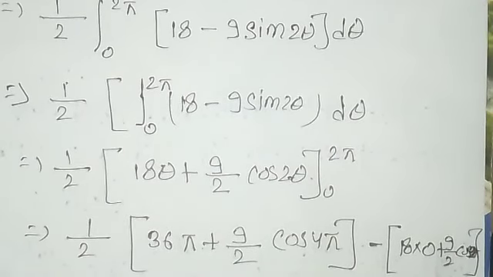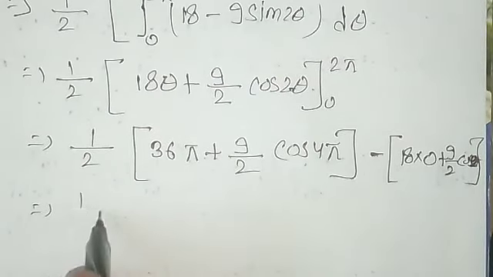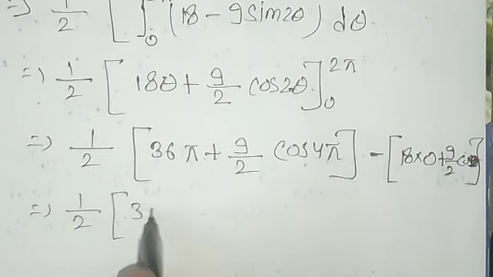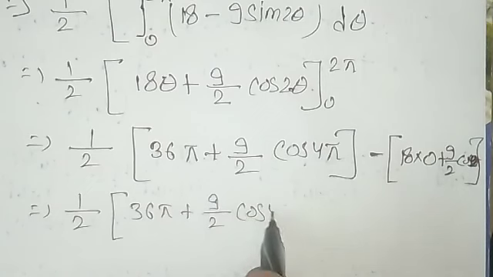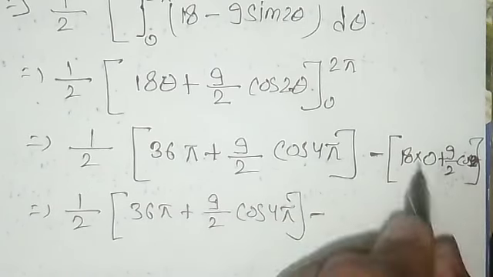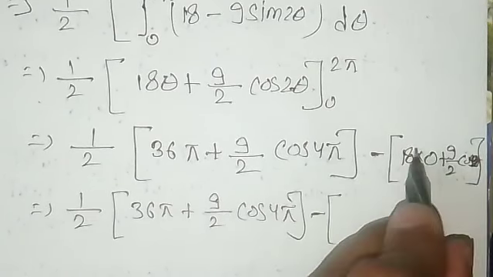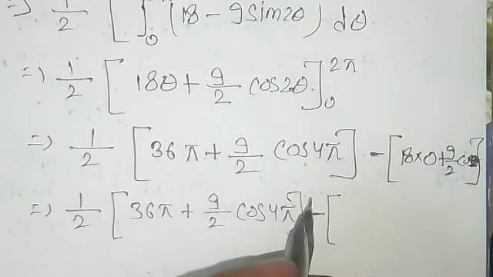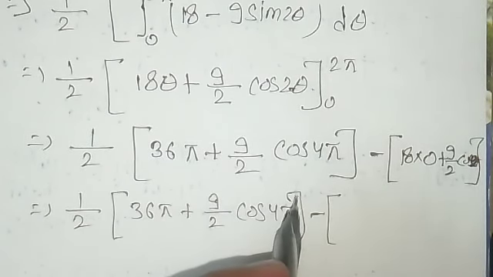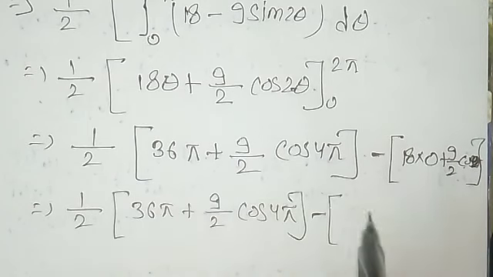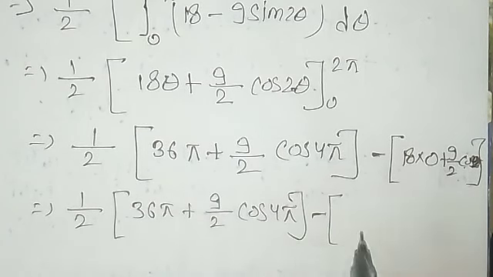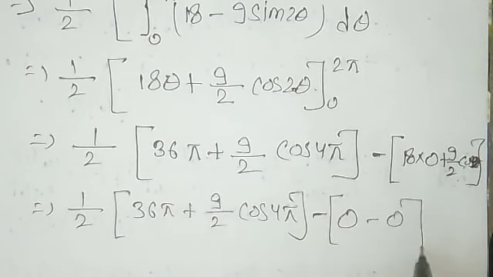So here you have 1 by 2 into 36 pi plus 9 by 2 cos 4 pi minus 0. So this is 0 right now, and 0 minus 0 is 0 only.